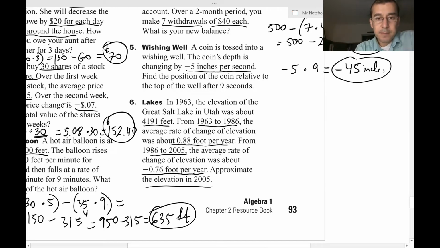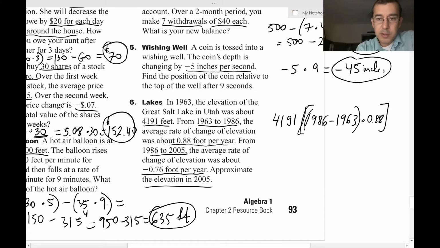So, okay, you started off with 4191 feet. Then the average rate of change of elevation was from 1986 to 1963. So we have to subtract these to get the number of years. So this would be in brackets, and then you multiply that by 0.88.